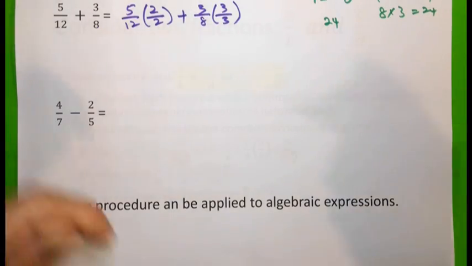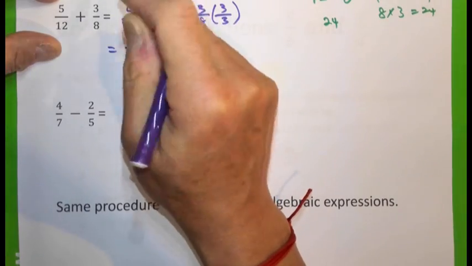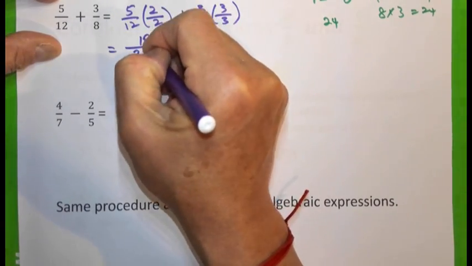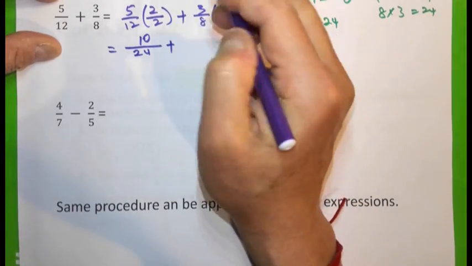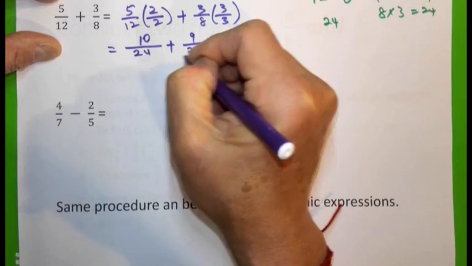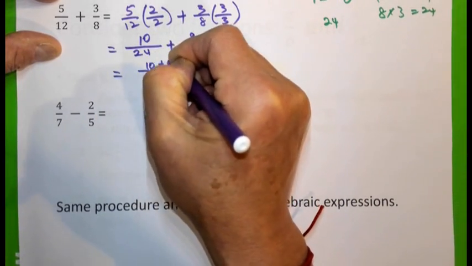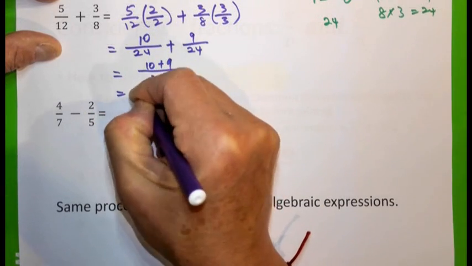Now, 5 times 2 is 10, 12 times 2 is 24, plus 3 times 3 is 9, 8 times 3 is 24. Therefore, that's 10 plus 9 over 24, which equals 19 over 24.